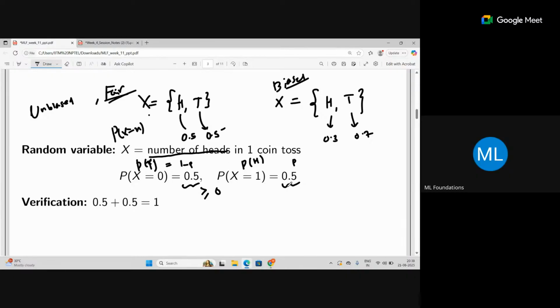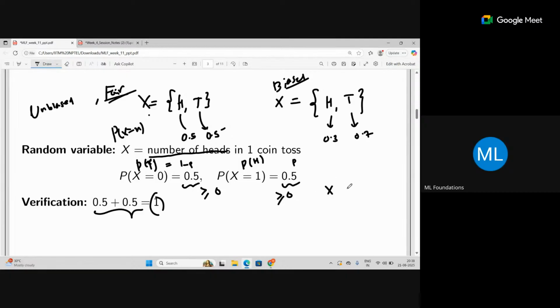You can see that these two probabilities are greater than or equal to 0, and if I sum up the two probabilities, I'll get 1. So that means this is a valid PMF, right? So what is the probability mass function here?